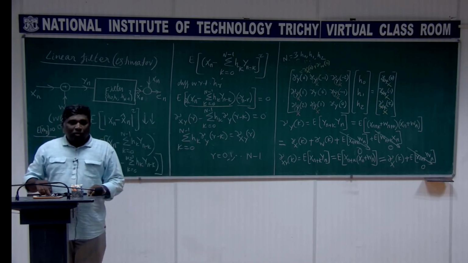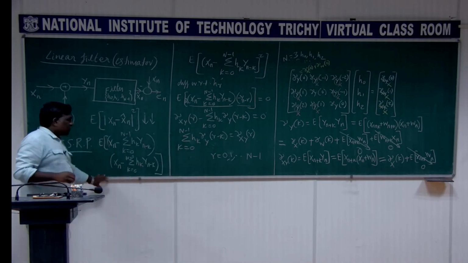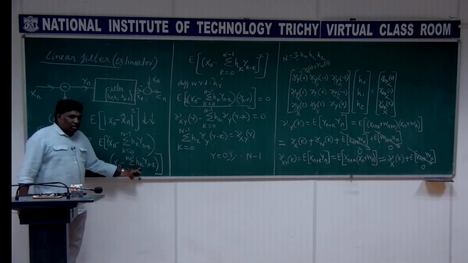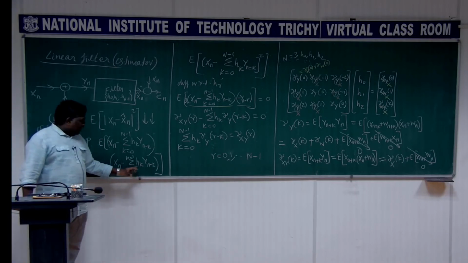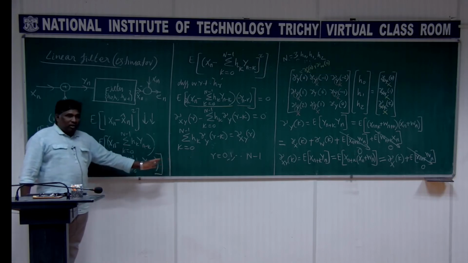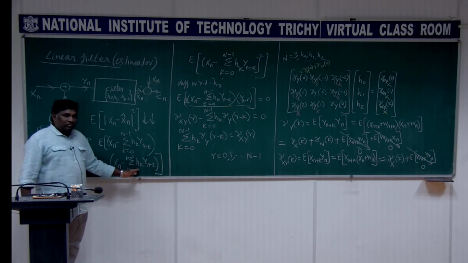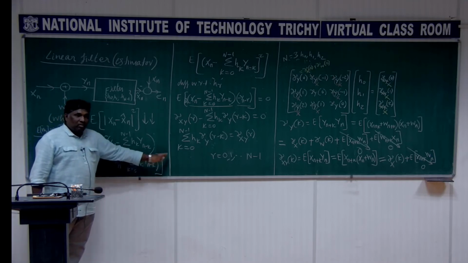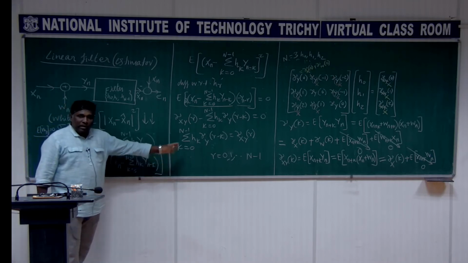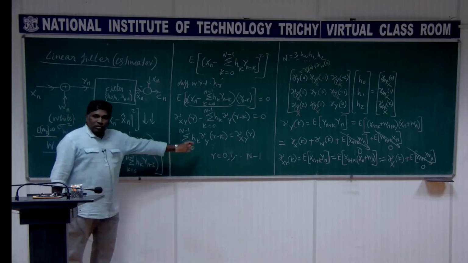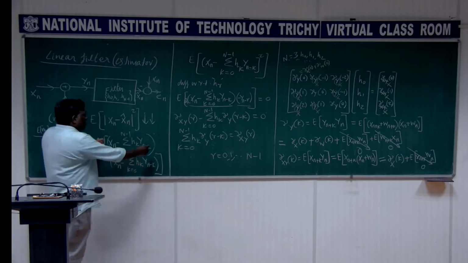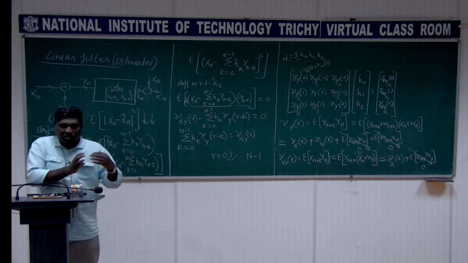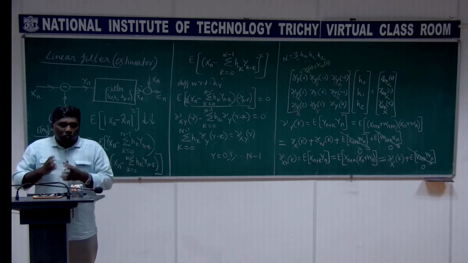What is the simplified version of writing this expression? hk is constant. You just expand it. What do you get? h0 yn minus h1 yn minus 1 minus h2 yn minus 2 and so on. This whole term gets multiplied with a constant, h is constant, and you have a random variable yn.